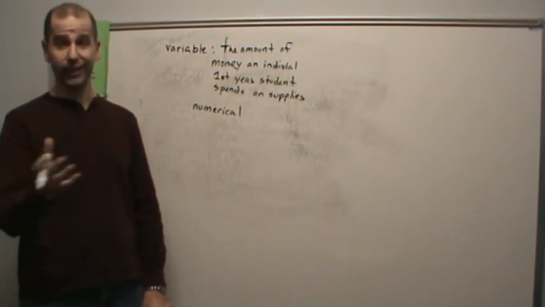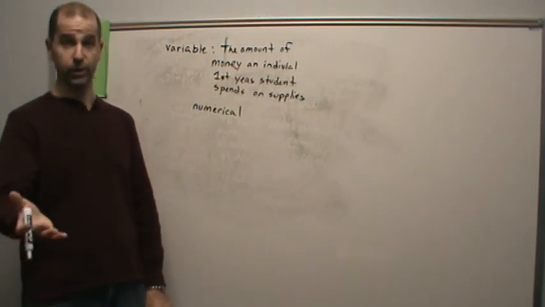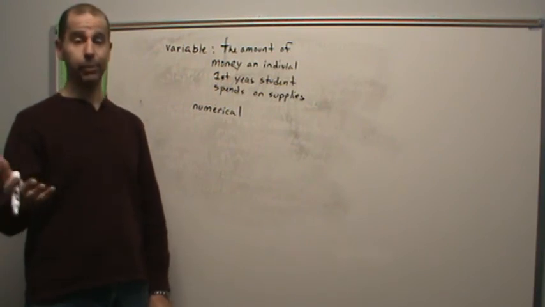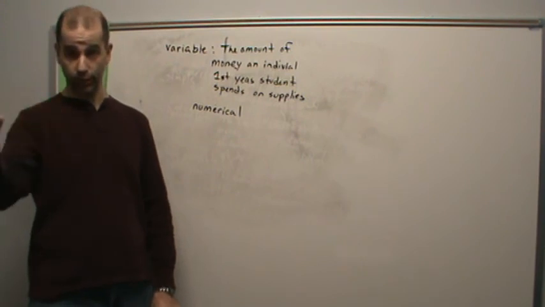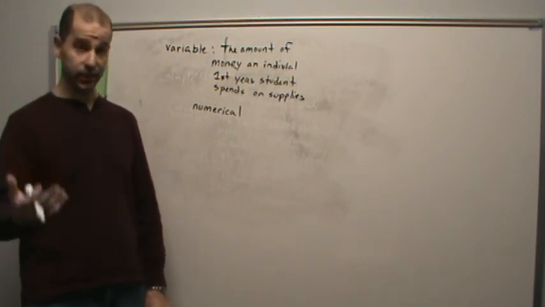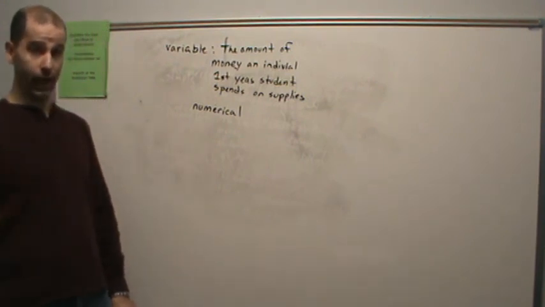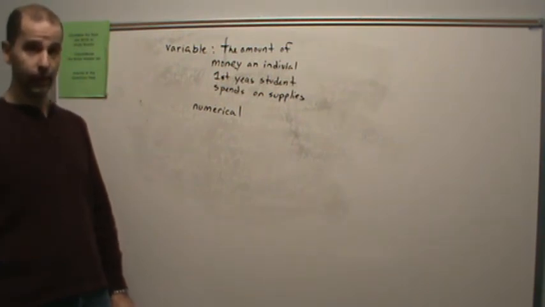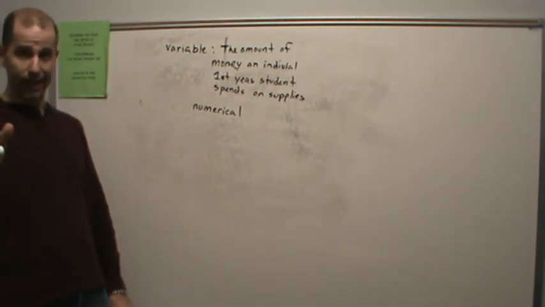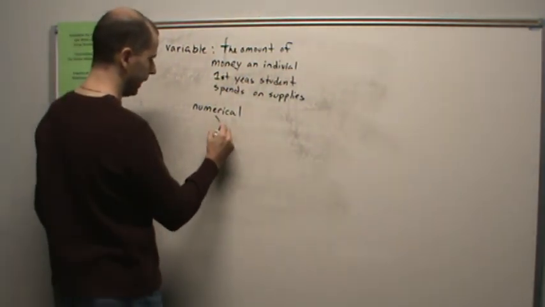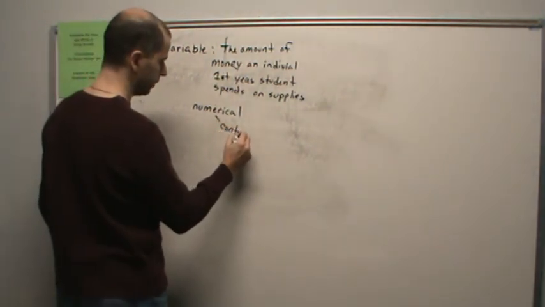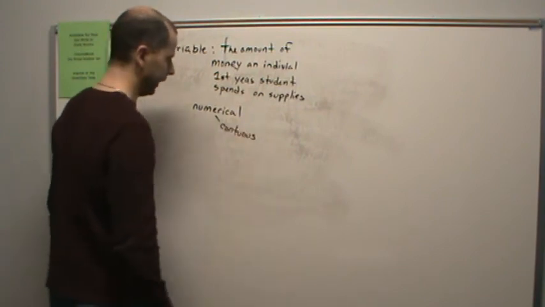Even though, for example, in American currency, you can only go down to the penny, you can still subdivide money. You can do a tenth of a penny, especially with the electronic age. So money is a continuous variable, even though you can only go down to the penny, which you can count. But be that as it may, it's continuous. Okay, so this is numerical and it's continuous.